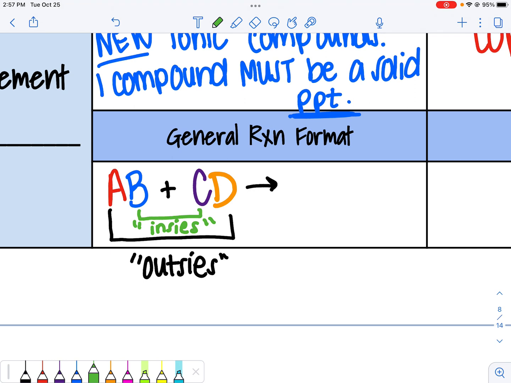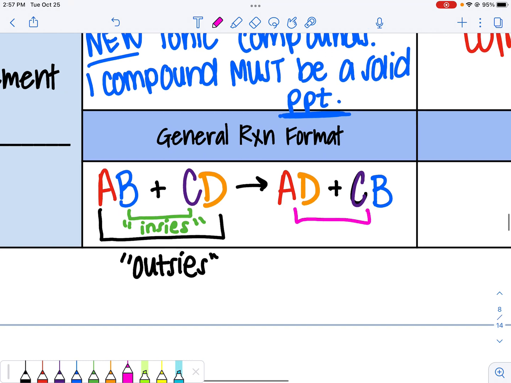So B and C will form a new compound, A and D will form a new compound if one of them is a solid. So you would have new compound A, D, plus compound C, B. Note here that I wrote C first and then B because, again, C is your metal, B is your non-metal.